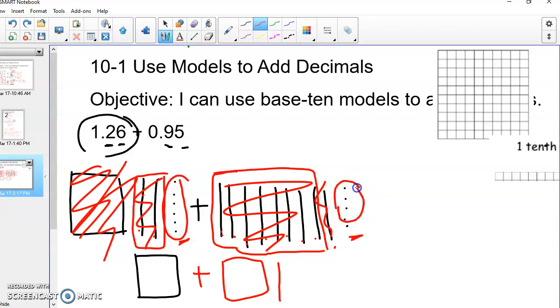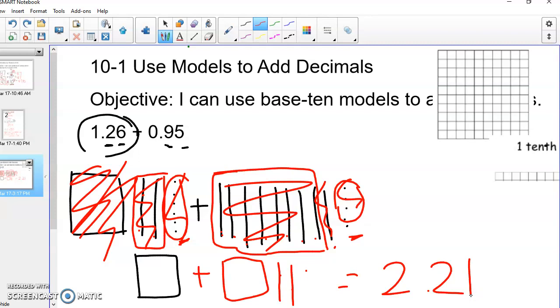Add 4 here, so it would be one other stick, and then what's left? 1. So the answer would be 2, and then how many tenths do we have? 1, 2. So we have 2, and then how many hundredths? 1. So the answer would be 2 and 21 hundredths.